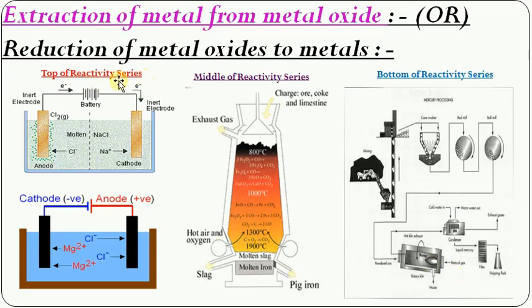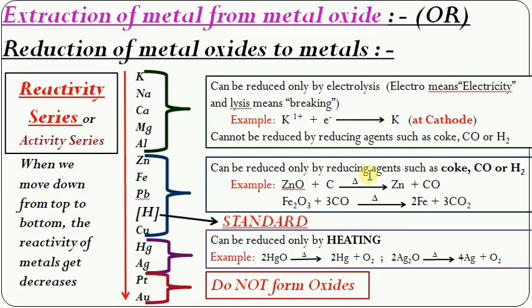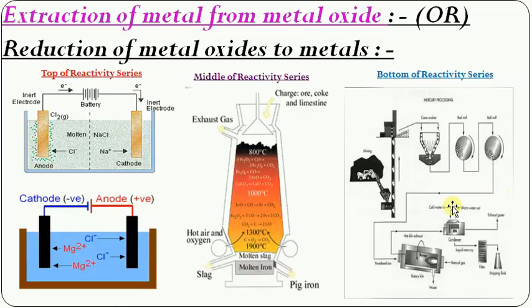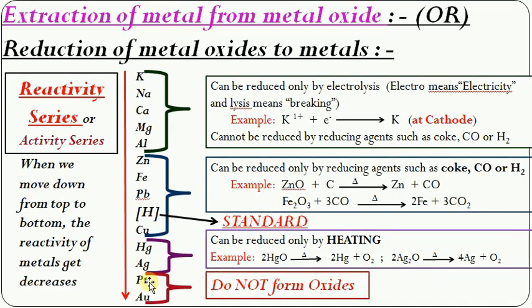At the top of the reactivity series, we use the electrolysis process. In the middle of the series, we use reducing agents such as coke, carbon monoxide and hydrogen. Whereas at the bottom of the series, we just heat the oxide. At the very bottom, nothing needs to be done because the metal is available in the form of metal.